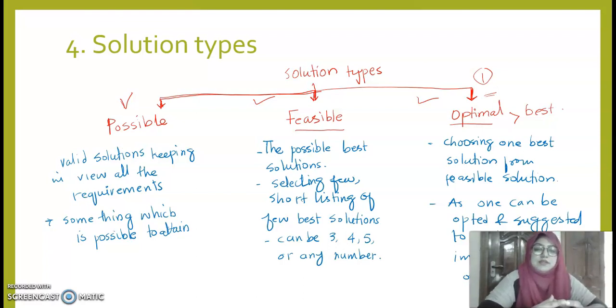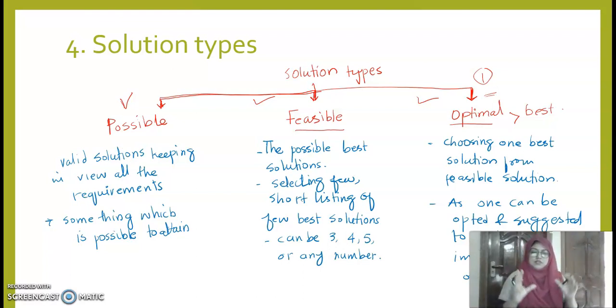Simply, I can give you an example: you have to take admission in a university or in a college. So what you do is make a list of possible universities that you can take admission in. Then on the feasible basis, you take out 4 to 5 universities that match your education criteria, your grading criteria, your fee structure or budget criteria, and also your residency criteria, because the university is near to your home and you don't have a transport problem.